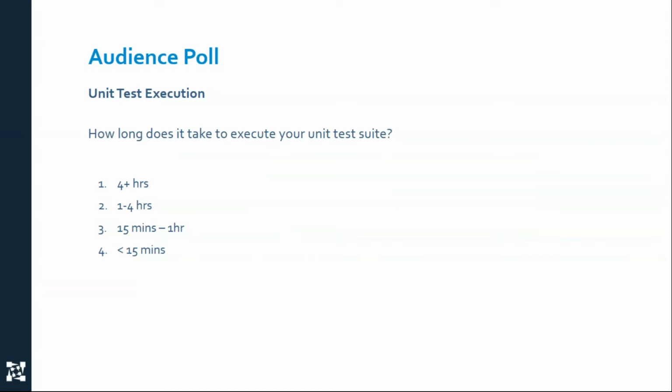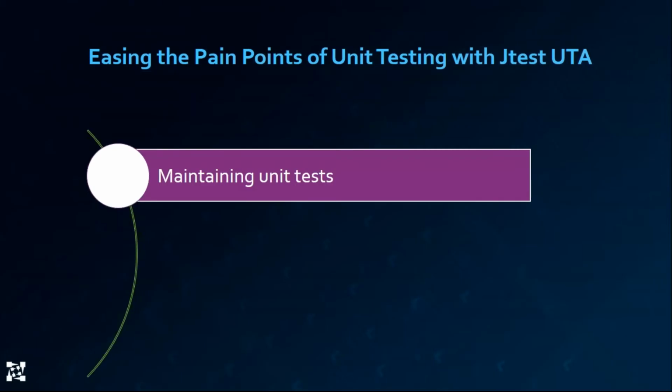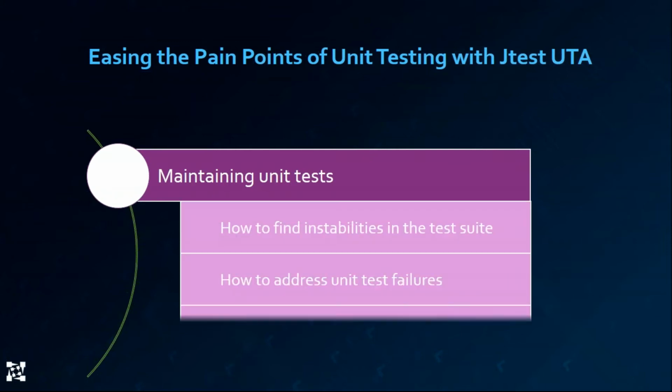Now, as you're working on your test suite and building more and more tests, it becomes a challenge, right? Because you have to maintain them, but you also want to make sure that you're leveraging them correctly as you go through your development process. Let's look at some of those things that we can help with.